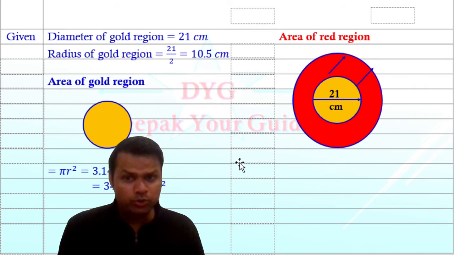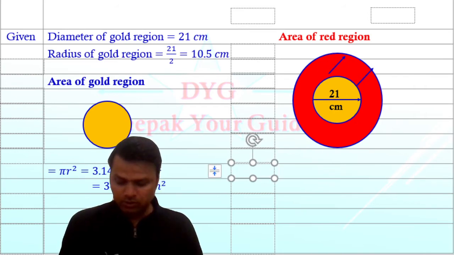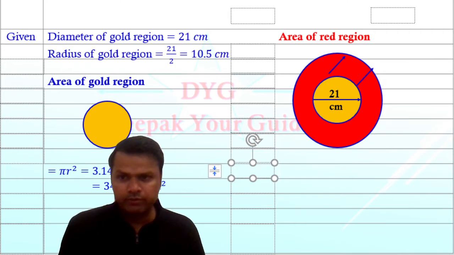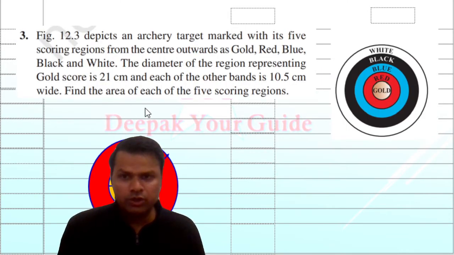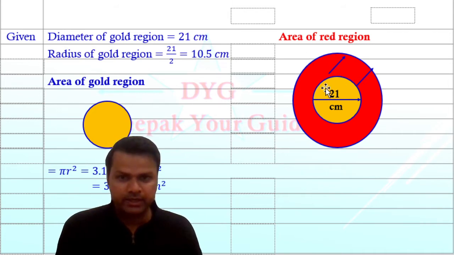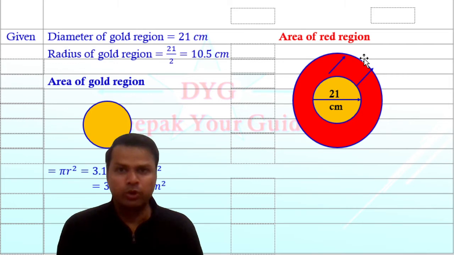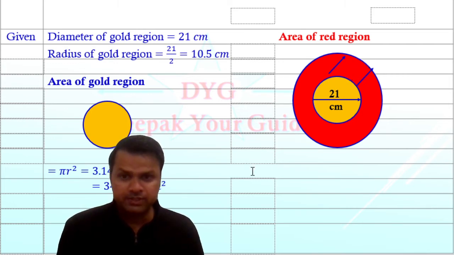That means if I want to calculate the area of just this red region, or let me see what word they have used, area of each of the five scoring regions. So I can say the area of the second scoring region or red region. That's only just the red. Whichever word or statement you want to use, you can use that.